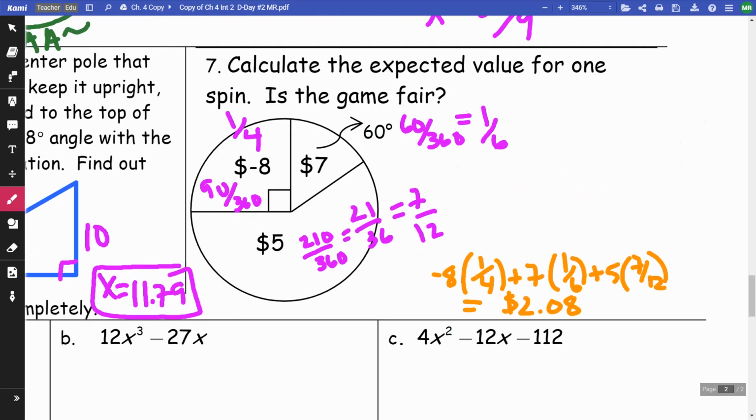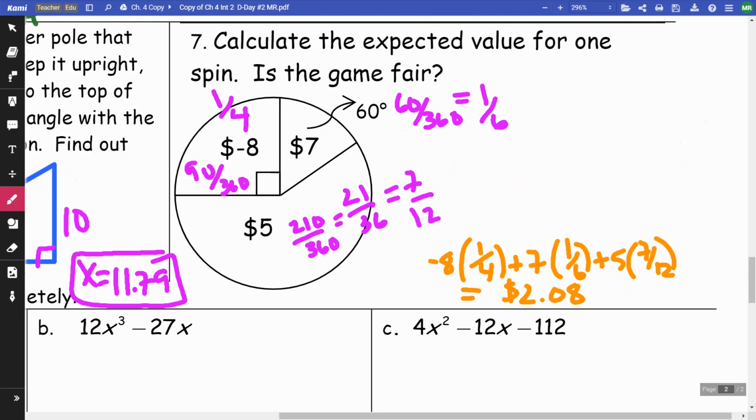And they ask if this is fair. This is not a fair game because expected value is not 0. So not a fair game.